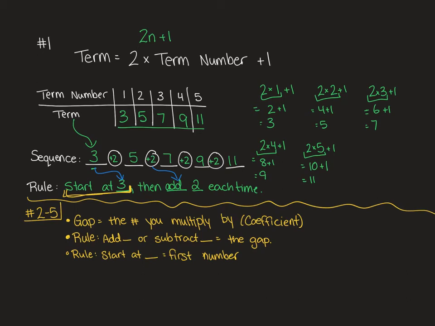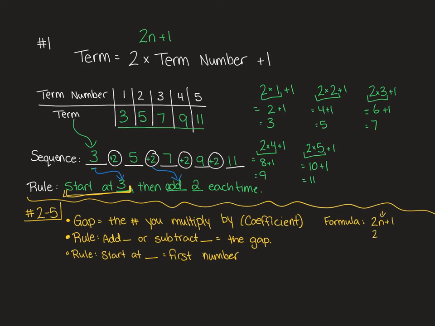However, with a formula, if they wanted you to find, say, the 7th term, and we were using the same formula we were given up here, you can simply put the number for whatever term they want you to get in the place of n.